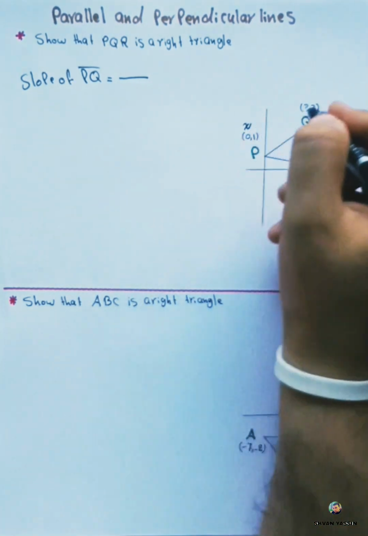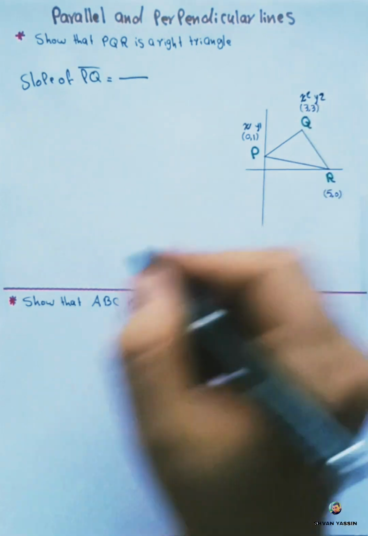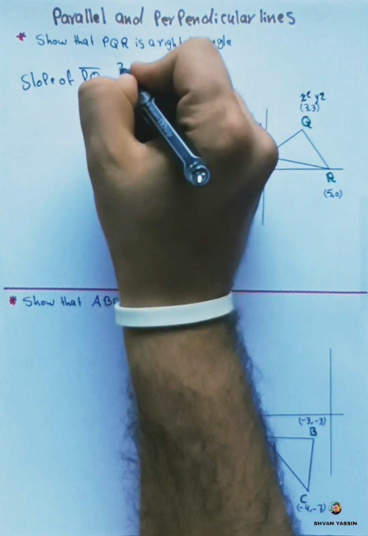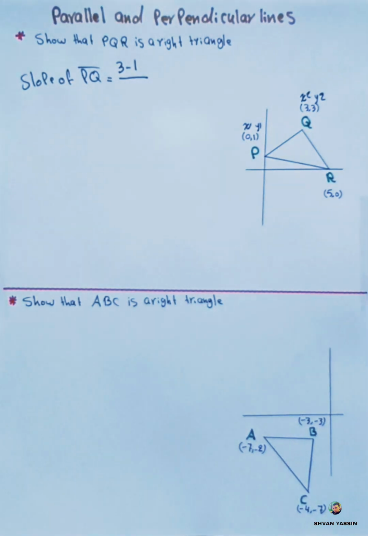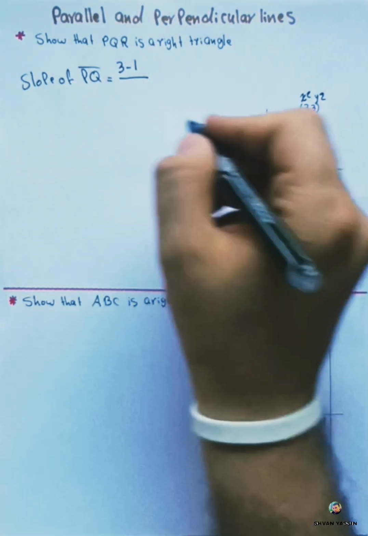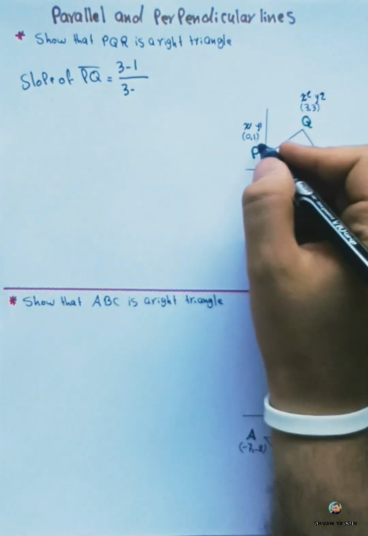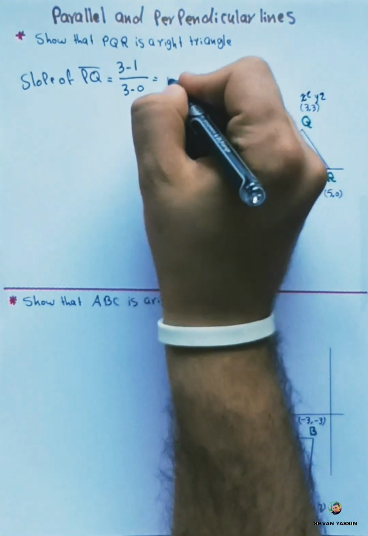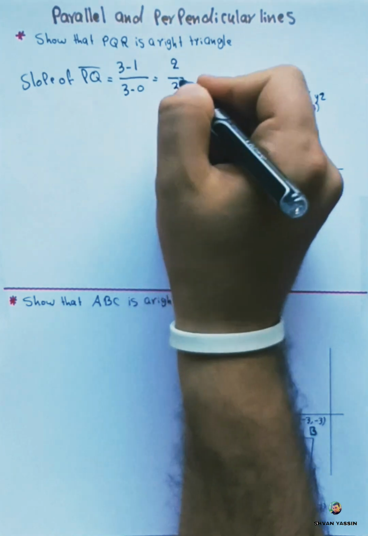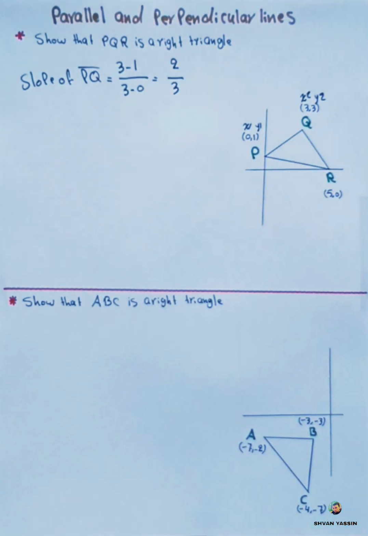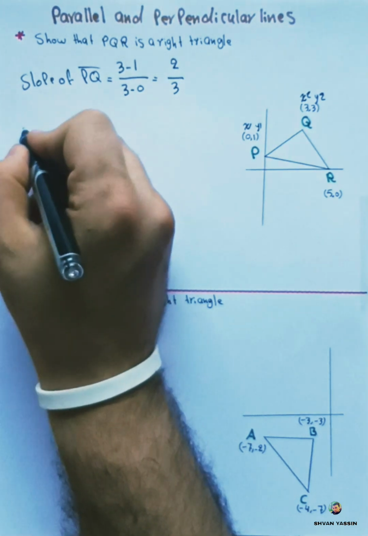This is x1, x2, y1, y2. So y2 is 3 minus y1 is 1, and then x2 is 3 minus x1 is 0. So 3 minus 1 is 2, 3 minus 0 is 3. So the slope of PQ is 2 out of 3, and then we have to find the slope of QR.